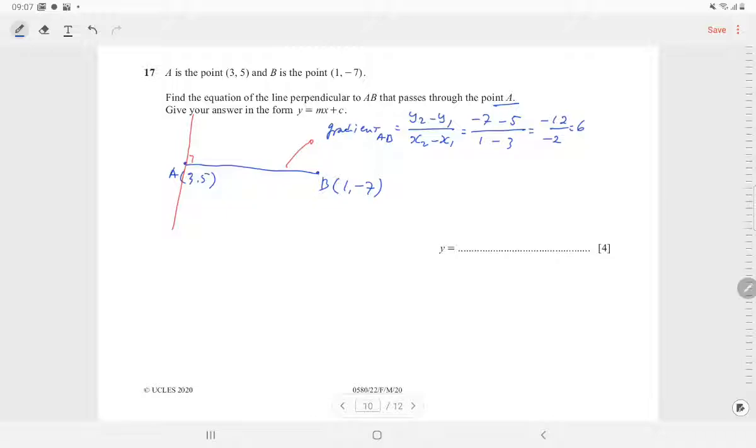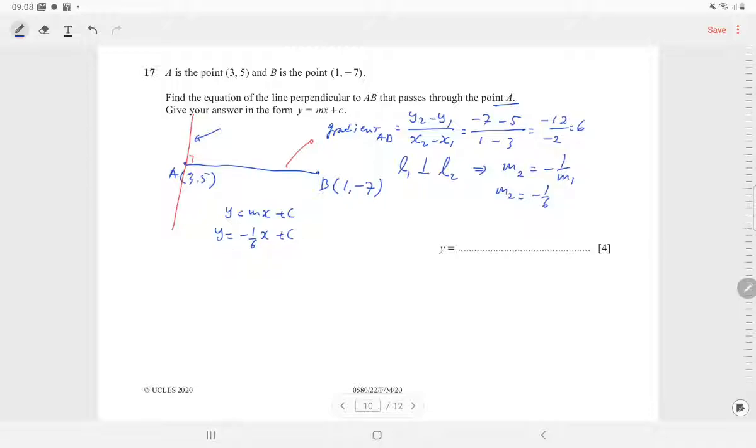And then the gradient of the perpendicular line: you know that when two lines are perpendicular to each other, line 1 perpendicular to line 2, therefore m2 is equal to negative 1 over m1. So m2 equals negative 1 over 6. Now we have the equation y equal to mx plus c, so y equal to negative 1 over 6 x plus c.